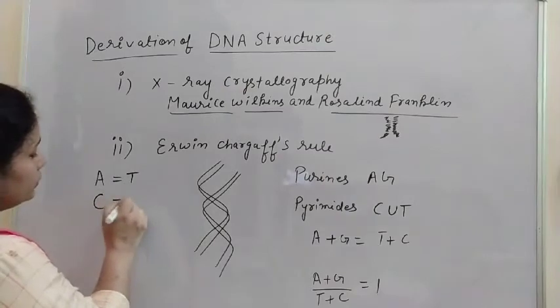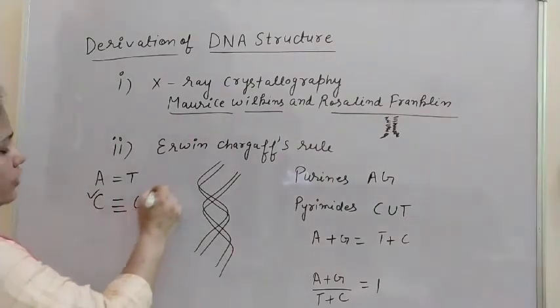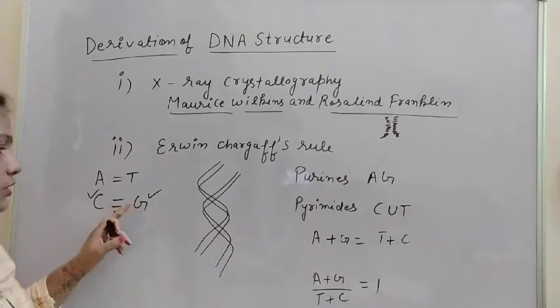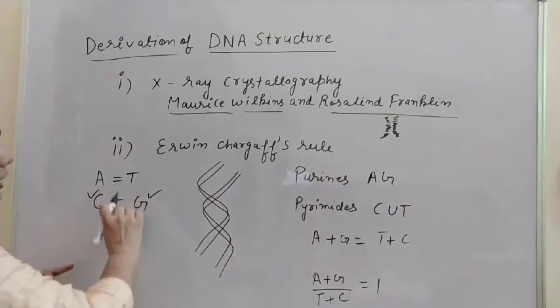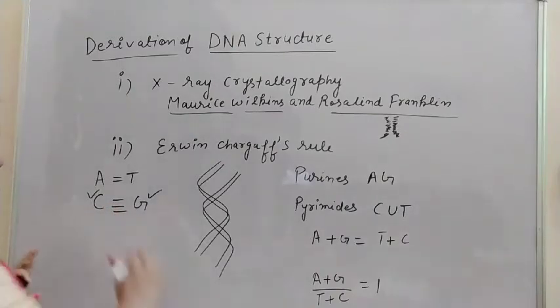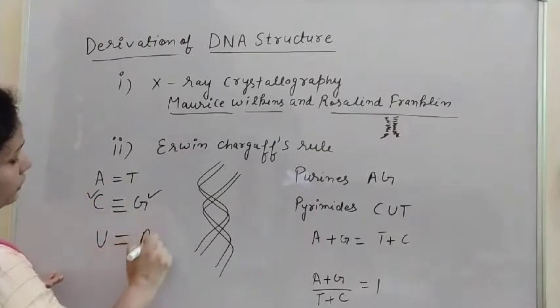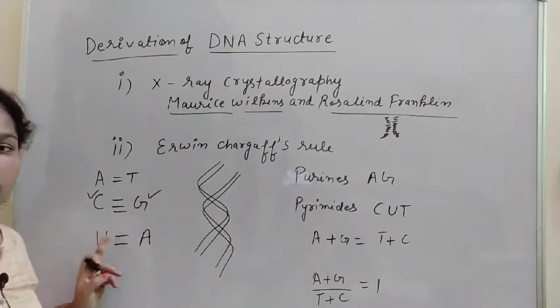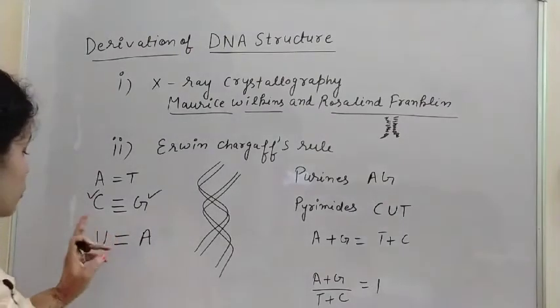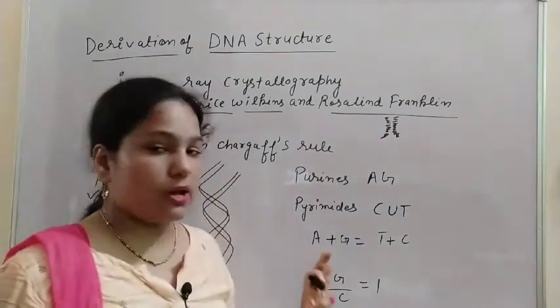C, cytosine, combines with G, guanine, and here the hydrogen bond is there and the triple bond is present. And in case of RNA, at the place of thymine, uracil is there, so U combined with A. So here is also the double bond between the uracil and adenine. So that is the Chargaff's rule.